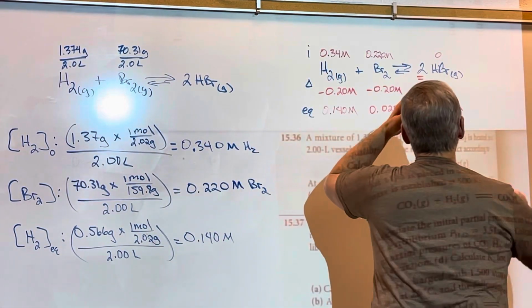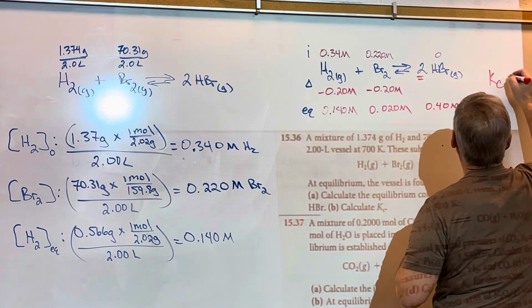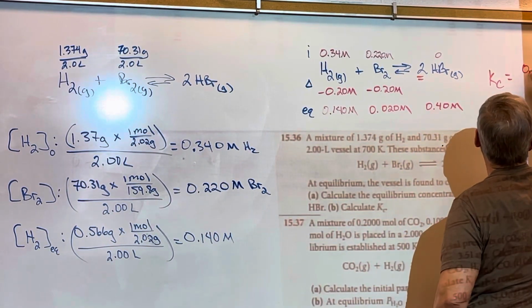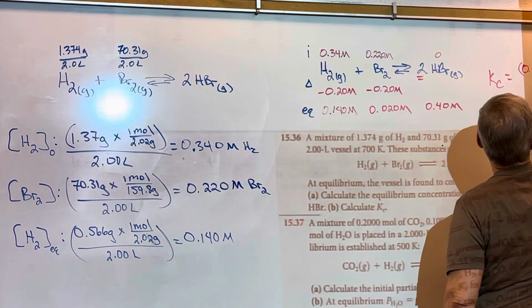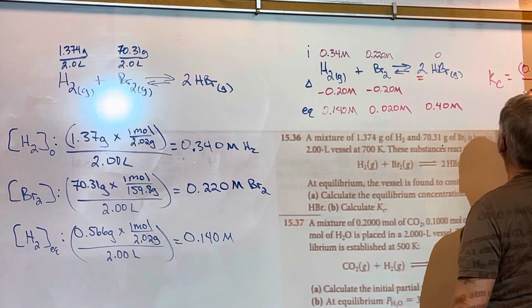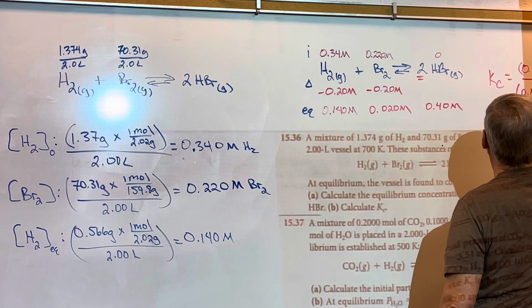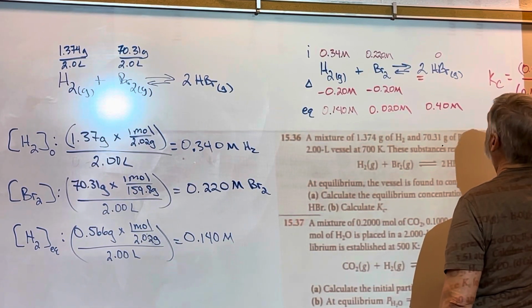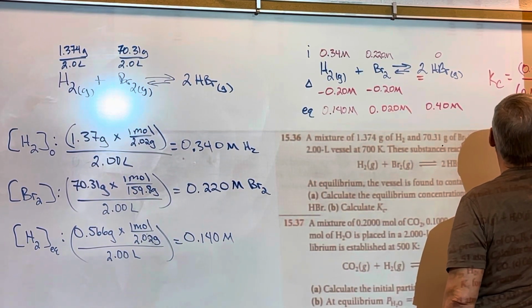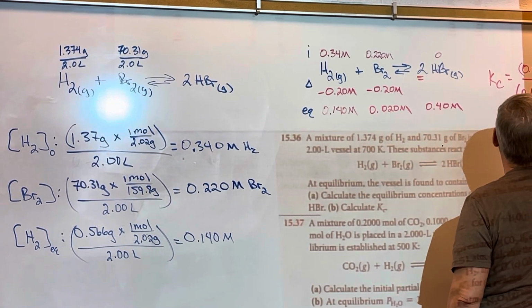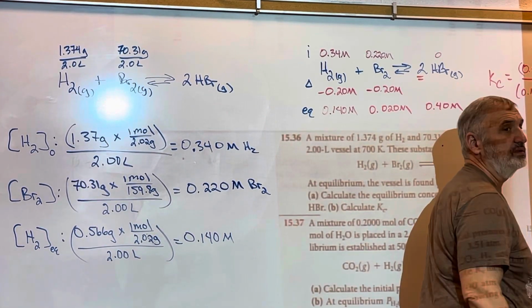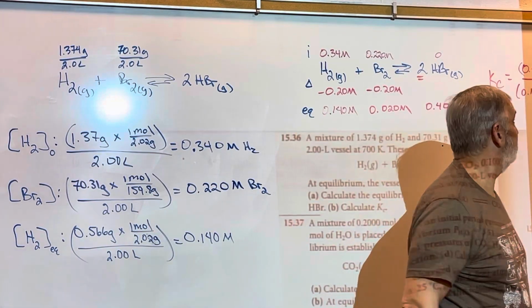All right, so if I'm going to do Kc, Kc is going to equal 0.4 molar. What do I have to do to it? Square it, divided by 0.14 times 0.020. And what does that turn out to equal? 57.1.